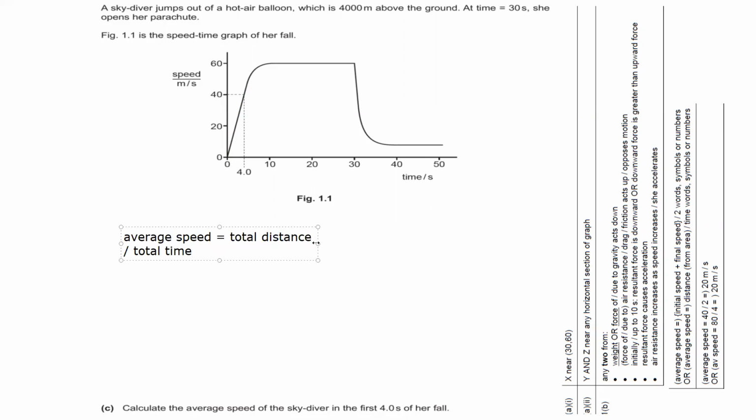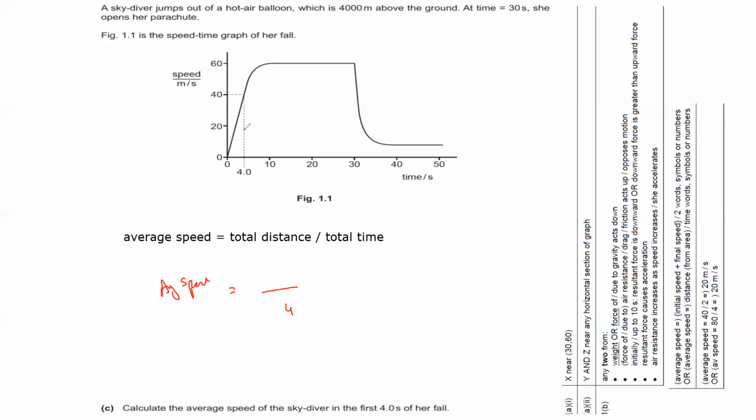So we have to calculate the average speed for 4 seconds. So what is the time interval? The time is equal to 4 seconds. But what about the total distance? How much distance does it travel?